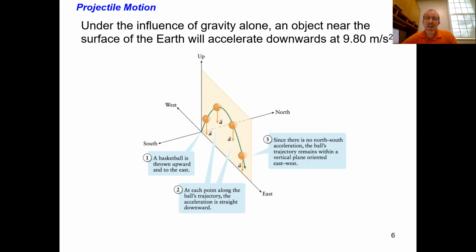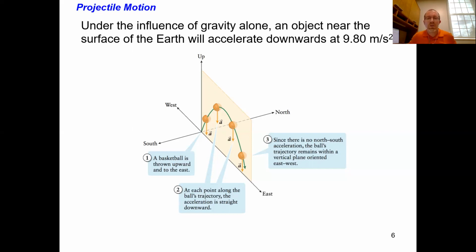Really, honestly, this acceleration, at least the size of it, 9.8 meters per second squared, is pretty close to true for like a mile up above the Earth's surface. There's a little bit of variation there, but if we're anywhere near the Earth's surface at all, this value of 9.8 meters per second squared for the magnitude of the acceleration in the y direction is absolutely valid.